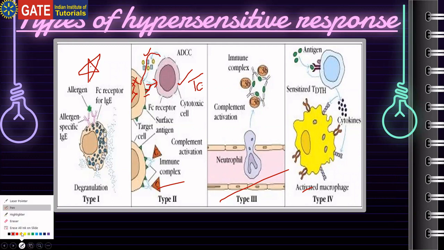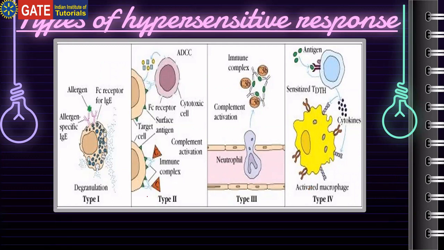On the other hand, listen, this is the targeted cell. Look into the picture, and this is the antigen. Correct? Now, what you can observe is that this targeted cell wants to be destroyed by the complement system.